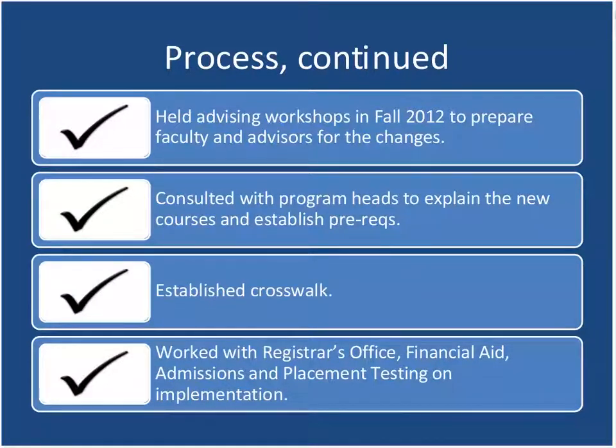We established a crosswalk. We developed our own internal crosswalk first, and then modified that a bit when the state crosswalk came out, the one that's in our final DRE document.